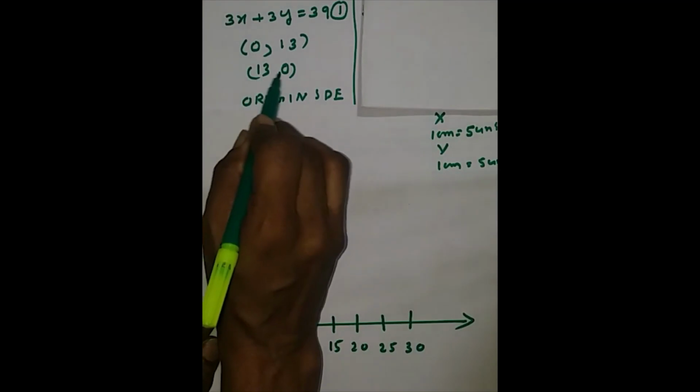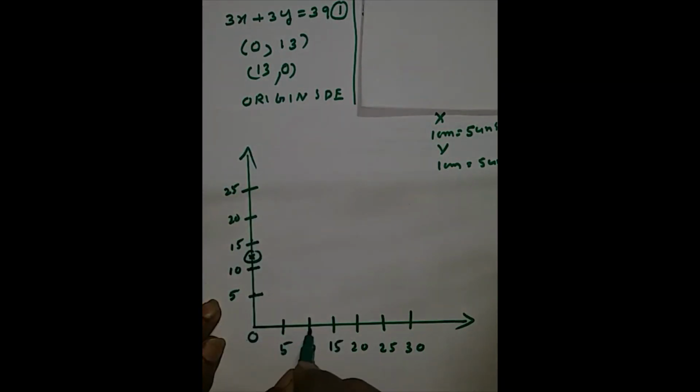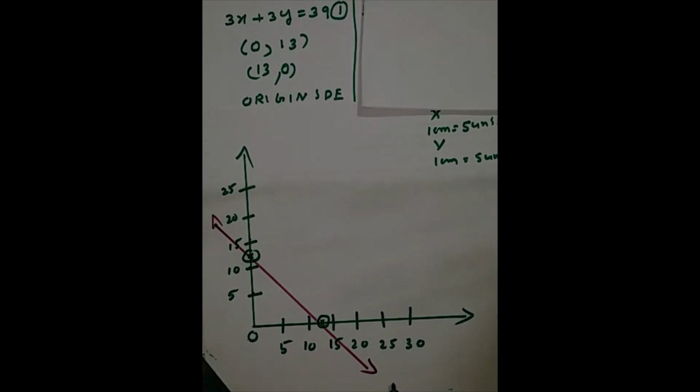Next point is 13, 0, between 10 and 15 anywhere 13. Joining these 2 points, you will get this line. Immediately what we have to do? Write the equation number 1, the name of the equation.